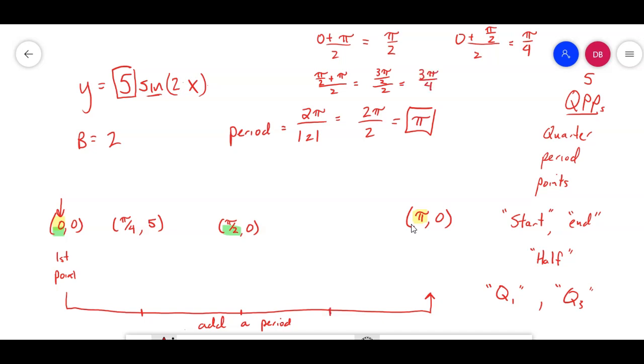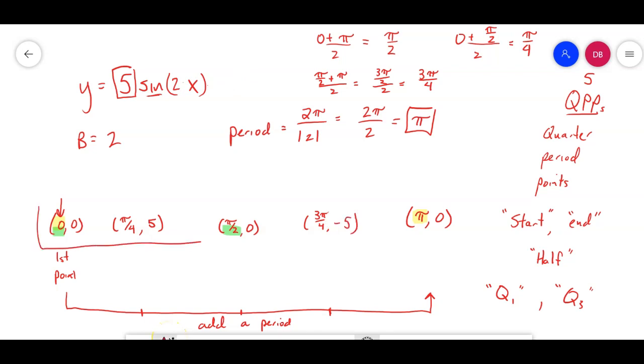That's your third quartile, if you will. 3 pi over 4, and it will be the opposite of this number, plus the midline. So if this number is 5, and let's say this had been 2, then I would do negative 5 plus 2. Right? But this isn't anything. This is just 0. So it's negative 5 plus 0, which is negative 5. All right.